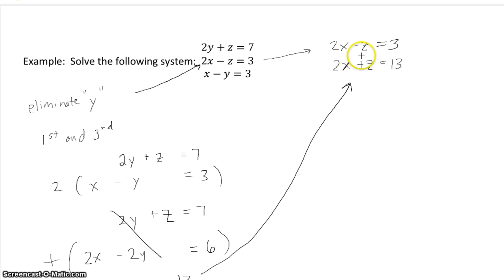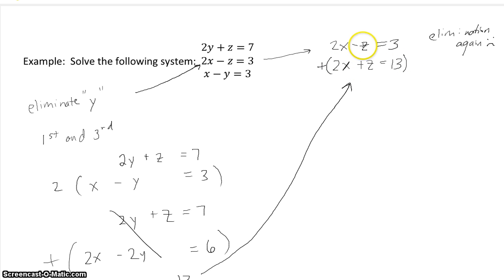Okay, so I'm going to solve this. Notice that these two are exactly the opposite, so I'm going to use elimination again. And again, this is sad because you probably feel like this is a lot of work, but it is. And it's a very delicate process.